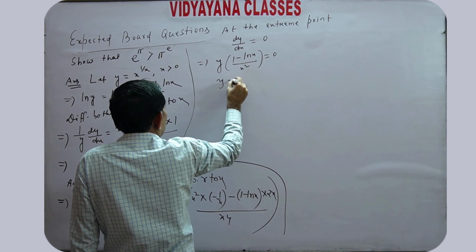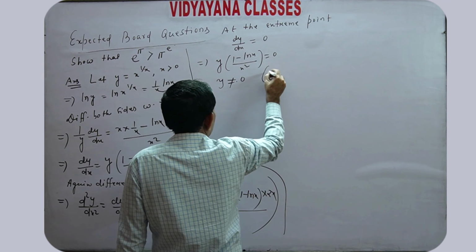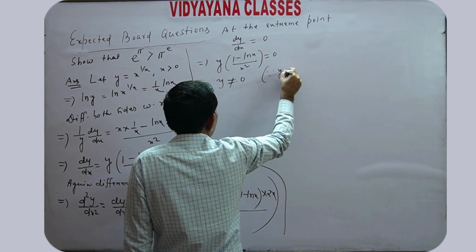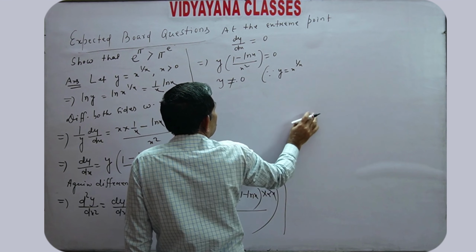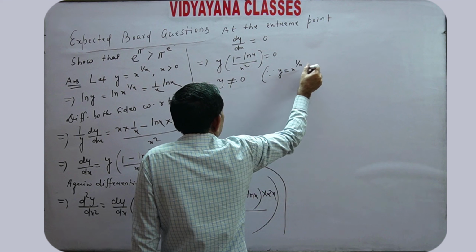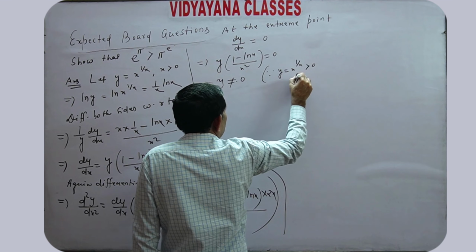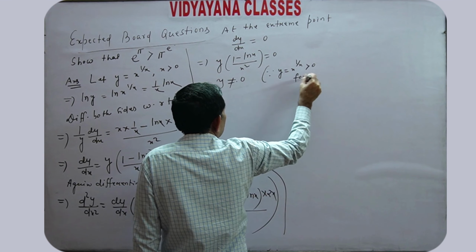Y is not equal to 0, since y is equal to x to the power 1 by x, which is greater than 0 for x greater than 0.